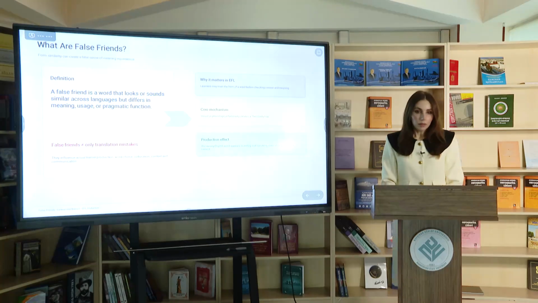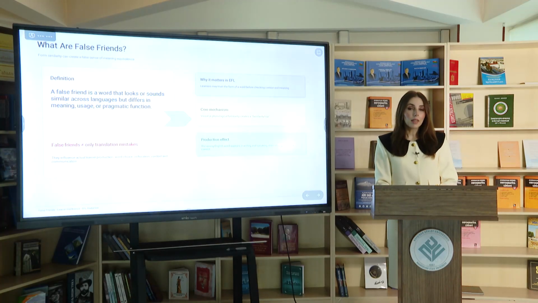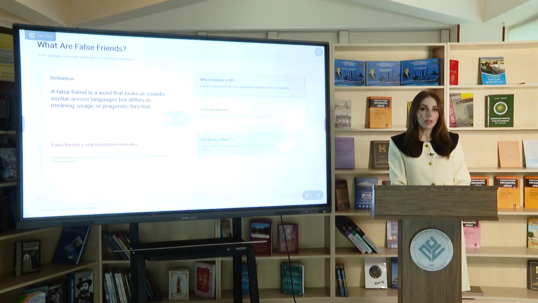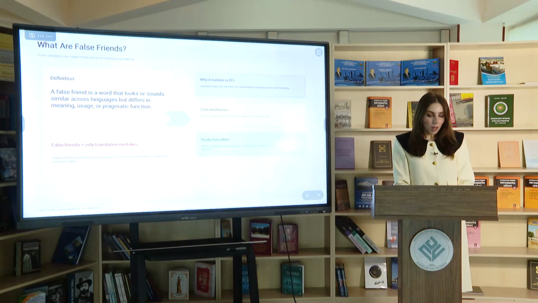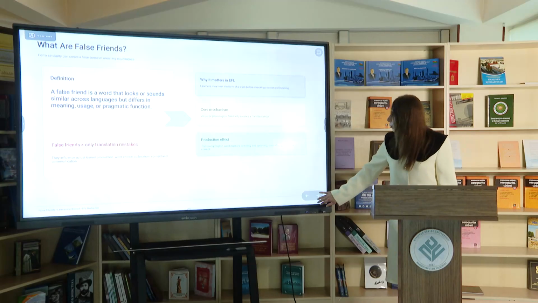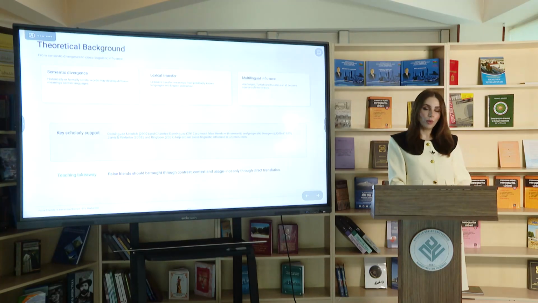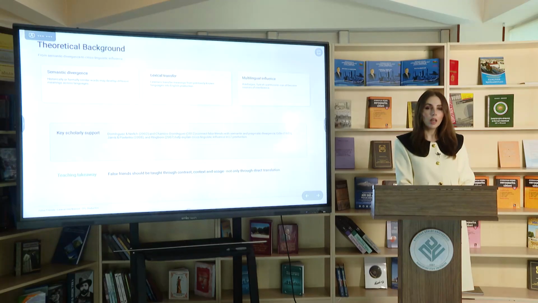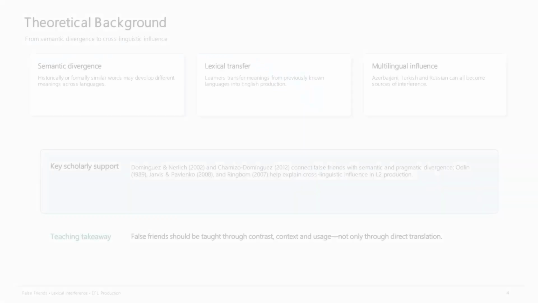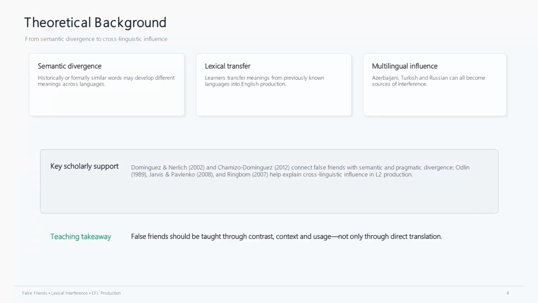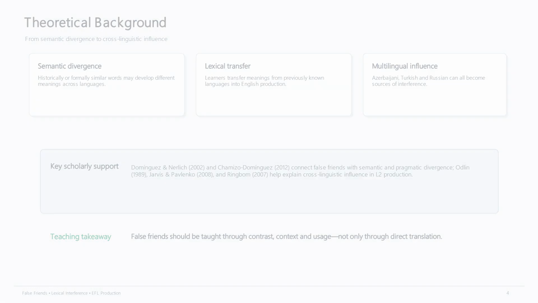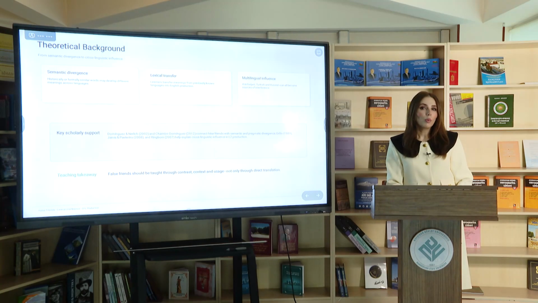That's why false friends should not be treated only as translation problems. A false friend is a word that looks similar, but differs in meaning, usage, or pragmatic function. The similarity may be visual, phonological, or both.